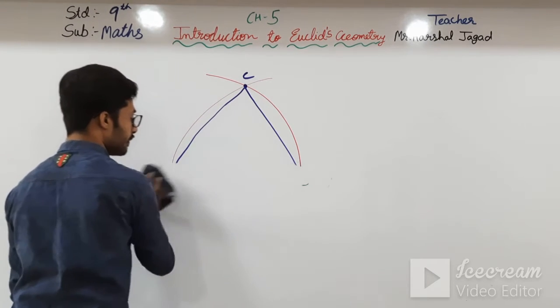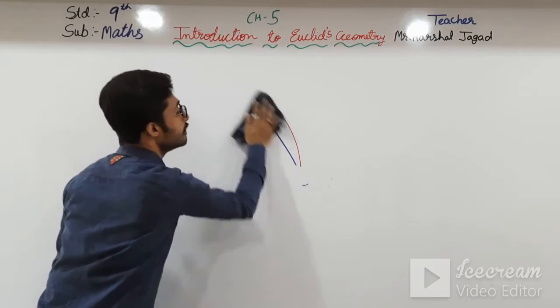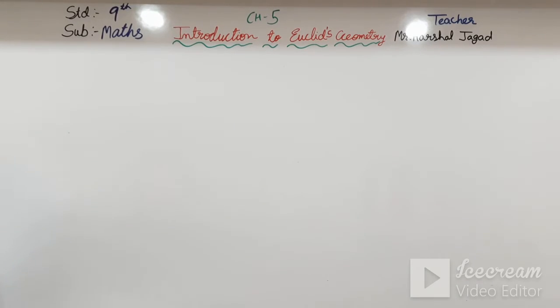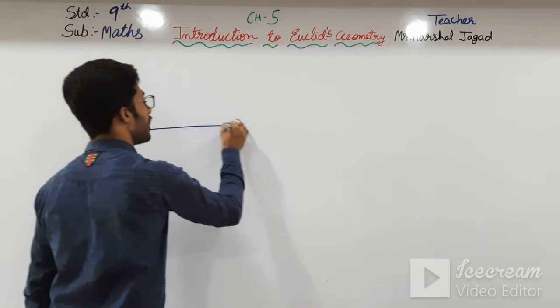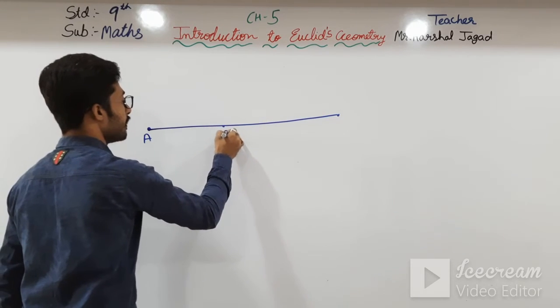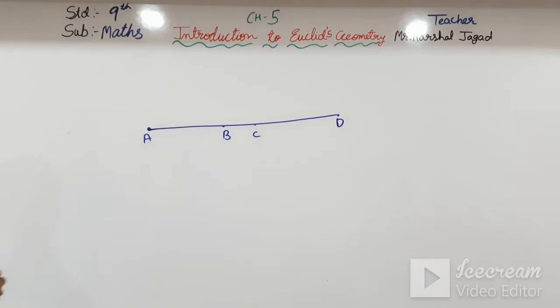Okay students, so a line is given with A, B, C and D. Suppose this is the line A, B, C and D. What do they tell us?